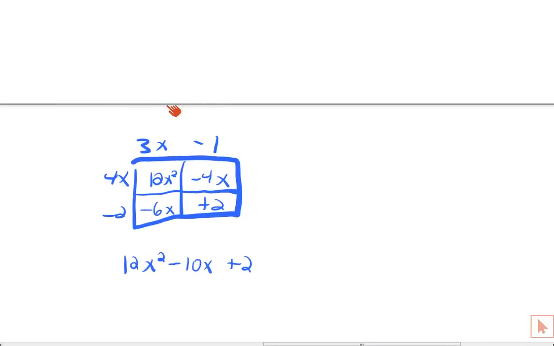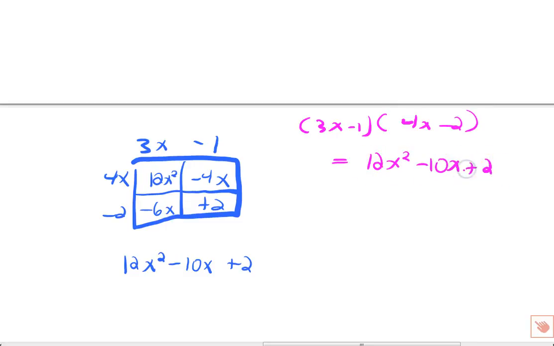Okay, this is an example where we took 3x minus 1 times 4x minus 2, and we got 12x squared minus 10x plus 2. This is multiplying out.